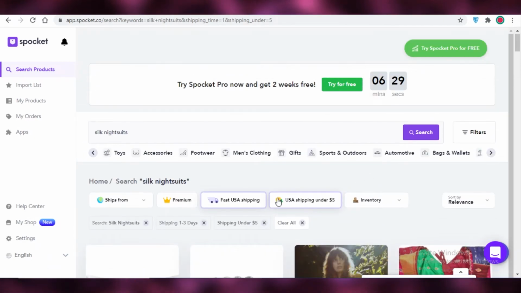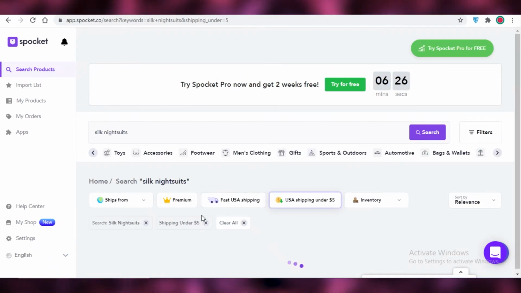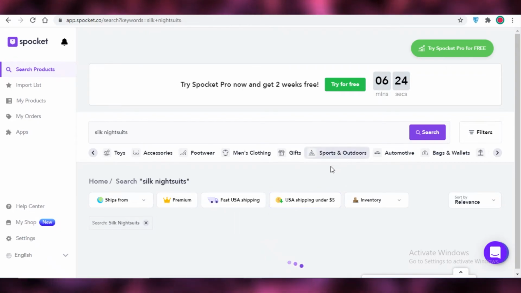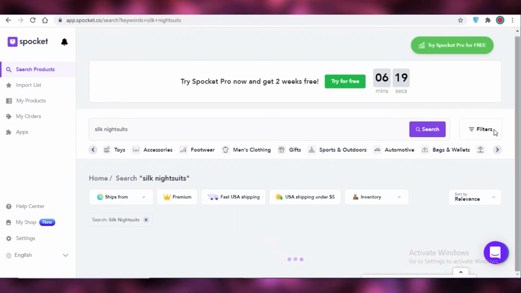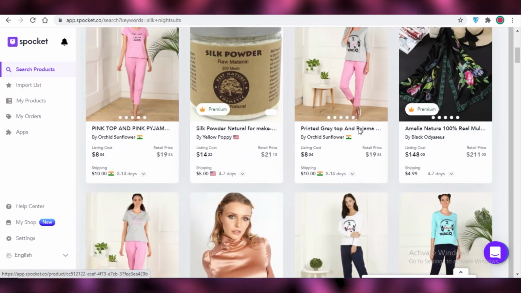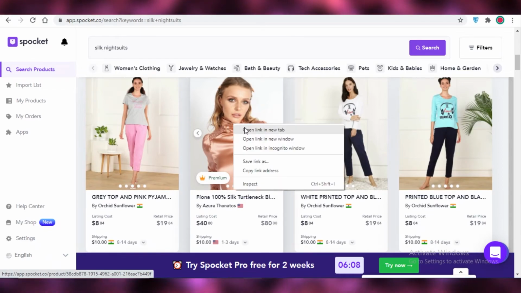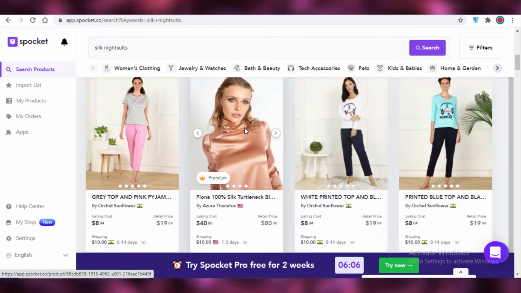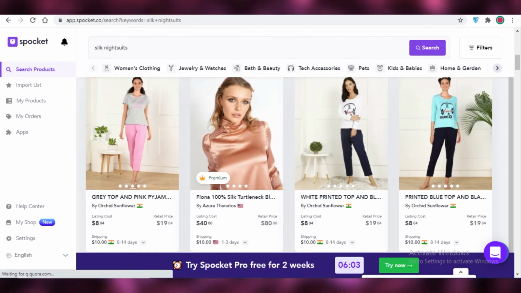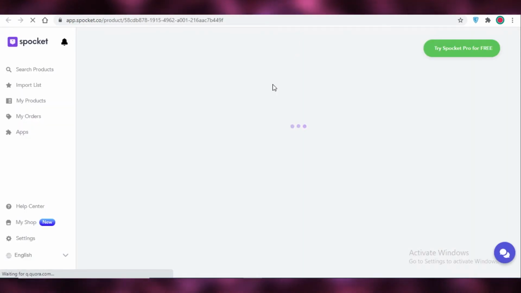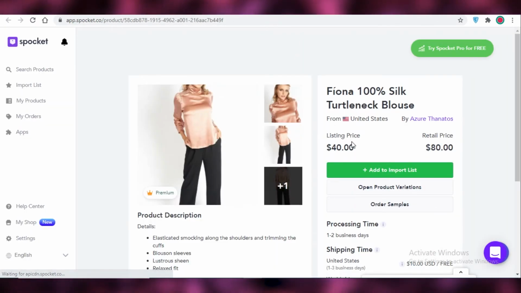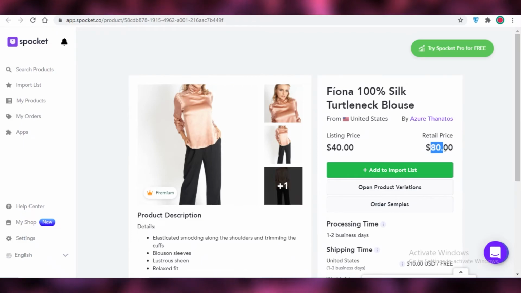Let's remove the filters of US shipping and shipping under $5, and then you are going to take a look at the items. So look for something that you could actually market as expensive. So over here you can see 100% silk turtleneck blouse. I'm gonna click on that, and you are going to see the profit margin is double.